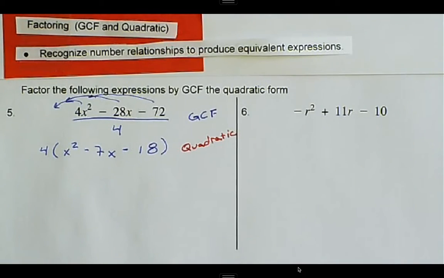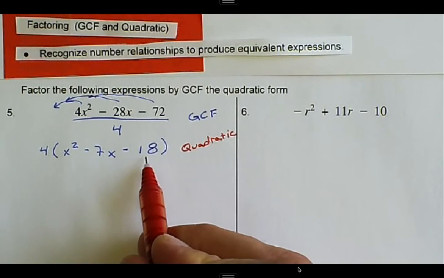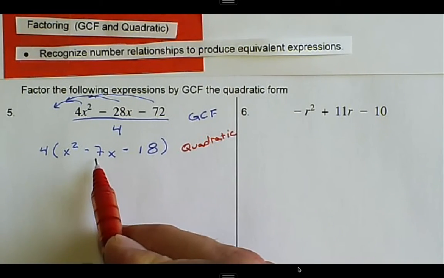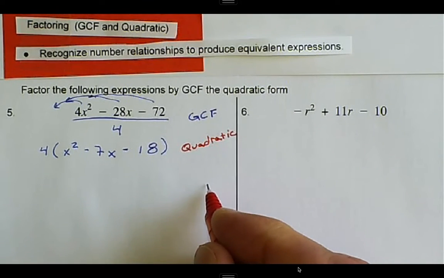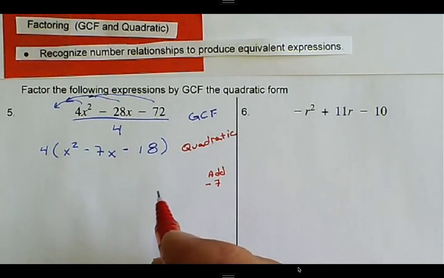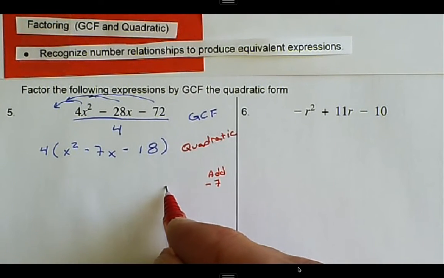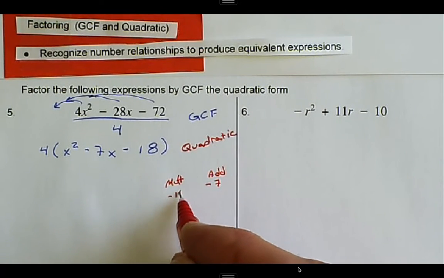And from there, again, we need to have two numbers that multiply to negative 18 and add to negative 7. So they need to add to negative 7, but also multiply to negative 18.